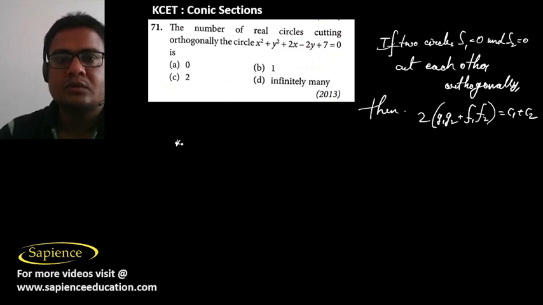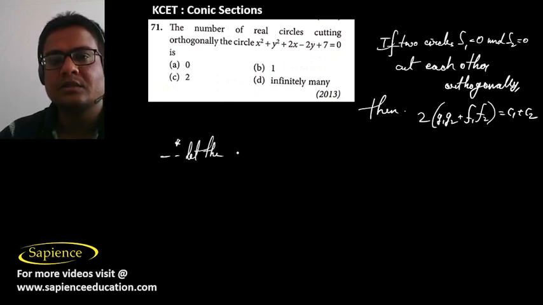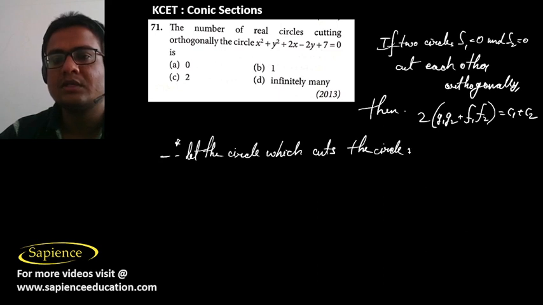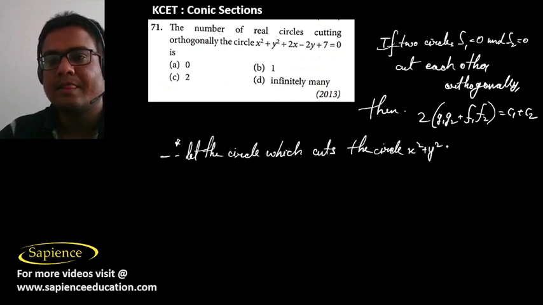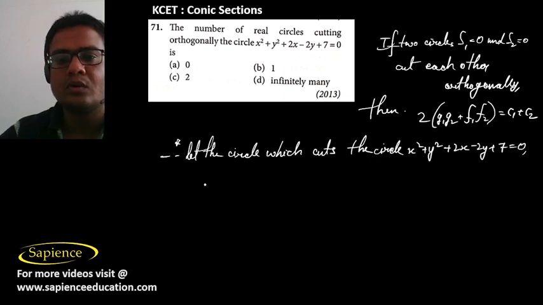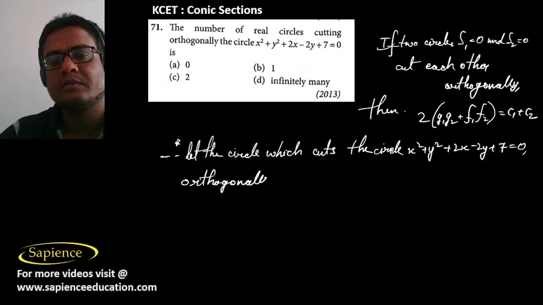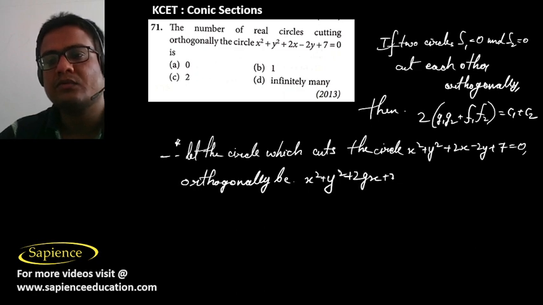So let the circle which cuts the circle x square plus y square plus 2x minus 2y plus 7 equal to 0 orthogonally have the equation x square plus y square plus 2gx plus 2fy plus c equal to 0.